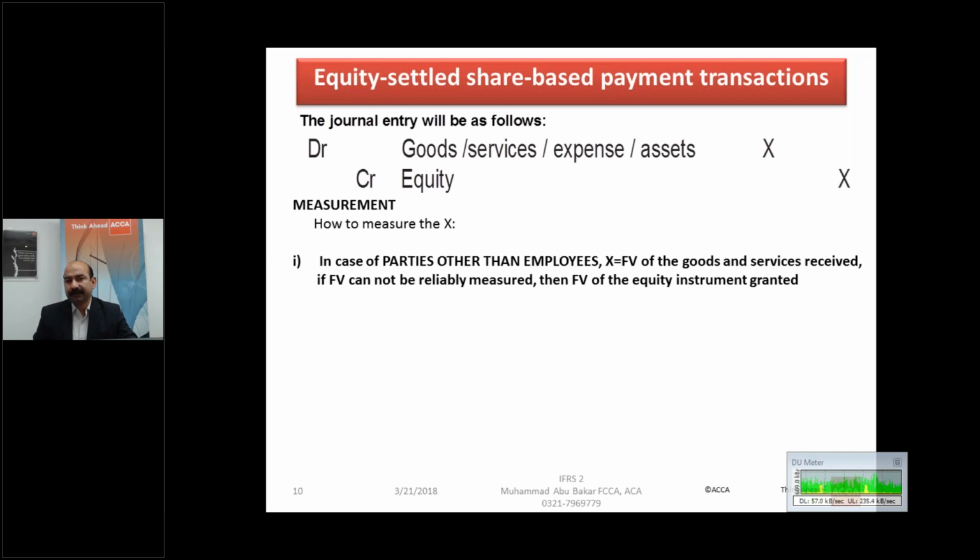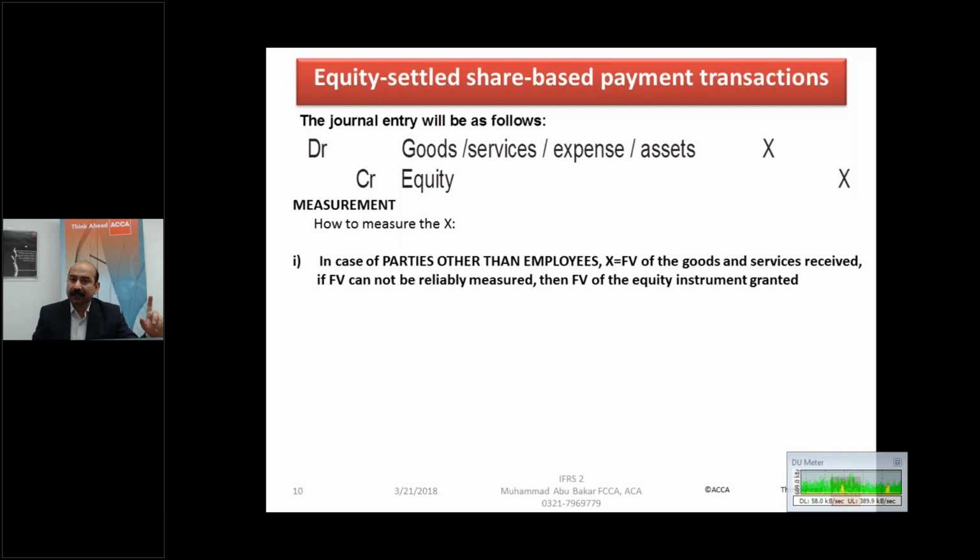If you are buying an asset against equity settled share based payment, there will be a fair value of those assets. So you will be debiting, X will be the fair value of that expense or asset or stock. Of course, the same amount will appear against the equity account. But the starting point is the fair value of the goods or the service or the asset.